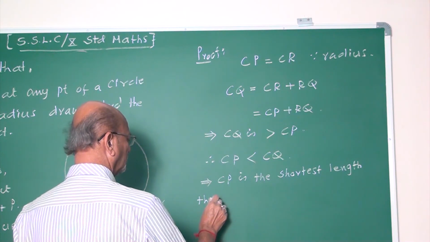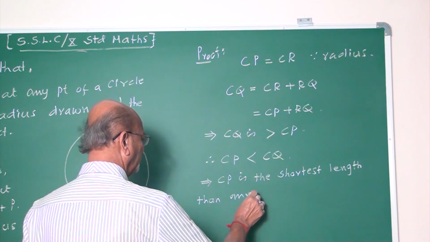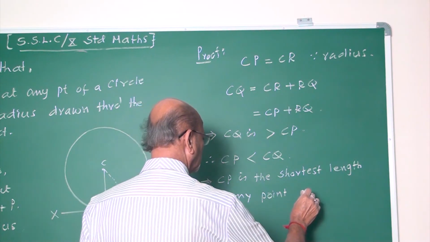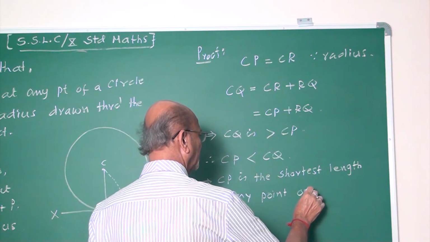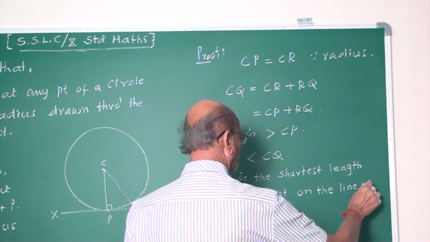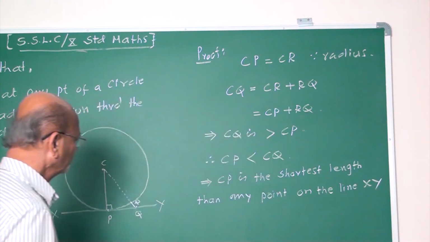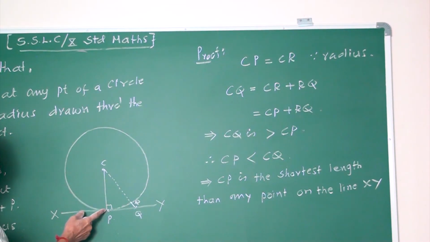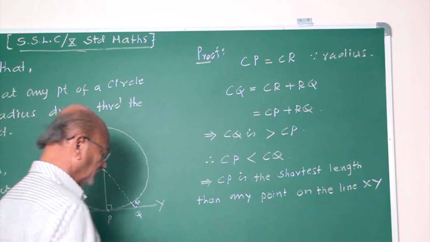Then any point on the line XY. Where is this Q? Q is on the line XY. Therefore, CP is the shortest length compared to any point on the line XY.